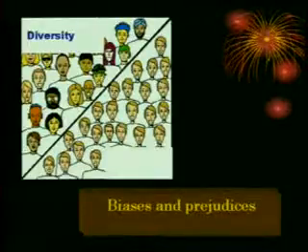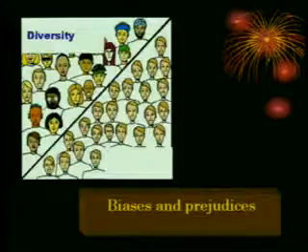The next major barrier which relates to the teacher is biases and prejudices of the teacher himself. As I said earlier, diversity or heterogeneity is on the increase in the classroom situation. If a teacher is biased towards certain caste, creed, color or sex, then the teacher will not be able to give due regard to that group.